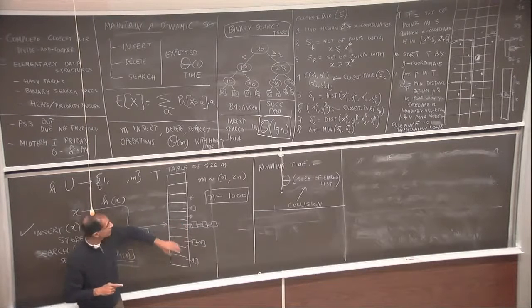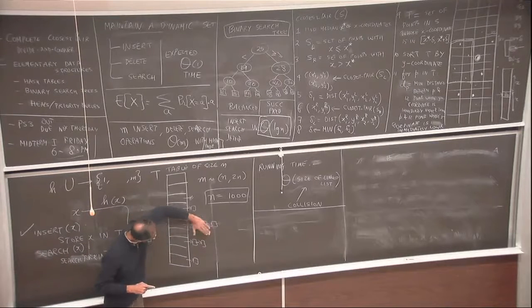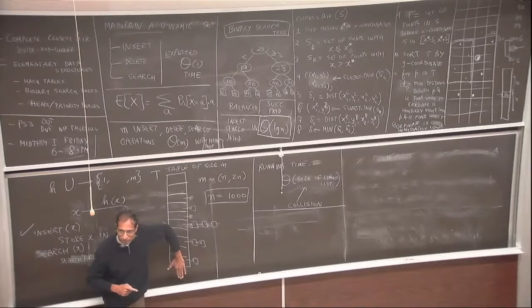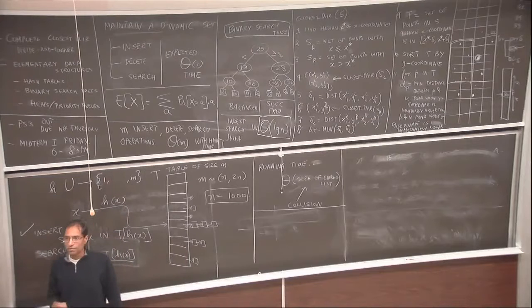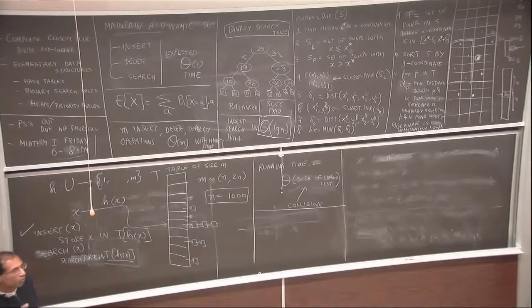So what's happening is that the linked list is not here, but it's sort of getting added elsewhere. Yeah, there are ways around it, but I think it fundamentally does not avoid the collision, if you define the collision as what happens when I apply the hash function and I get the same thing.